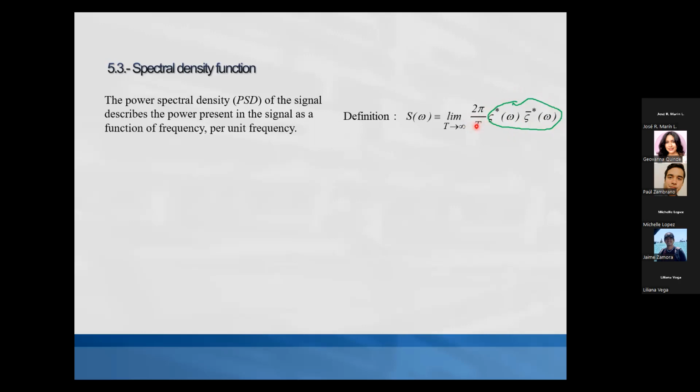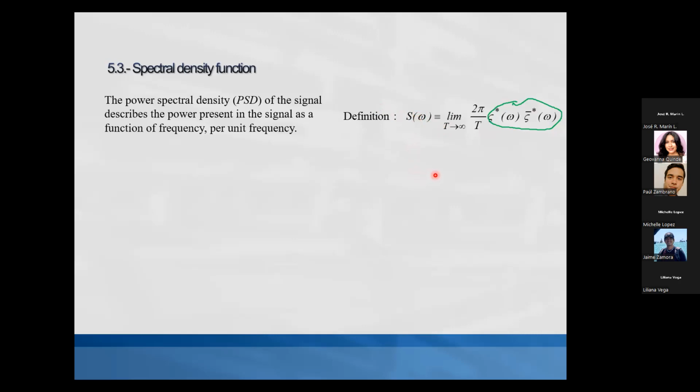As you increase the time in the denominator, the numerator also increases, so eventually the quotient will give us a certain finite limit value. It's not going to increase, because you have an increment in both the numerator and the denominator. Okay, so this is the definition of the spectral density.